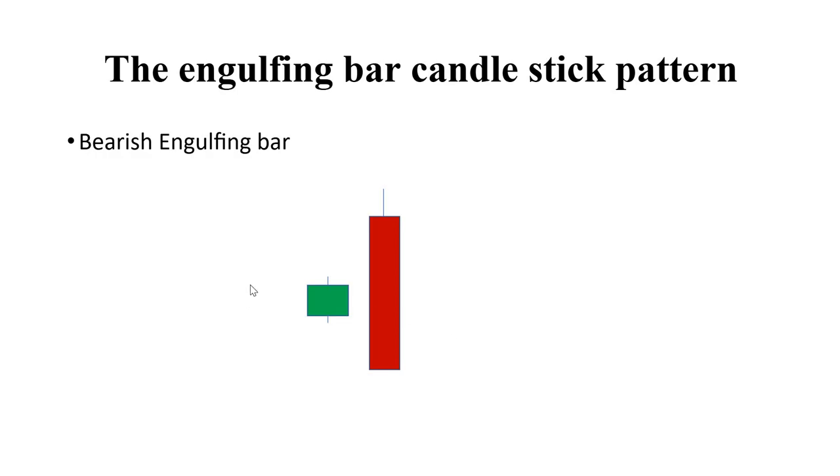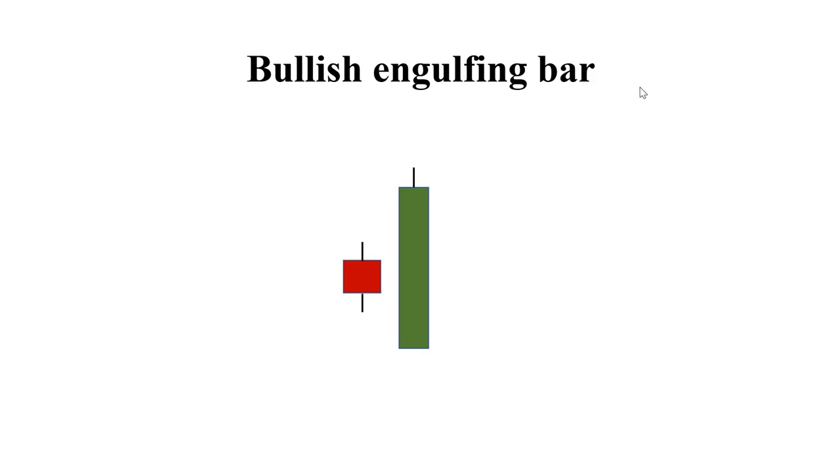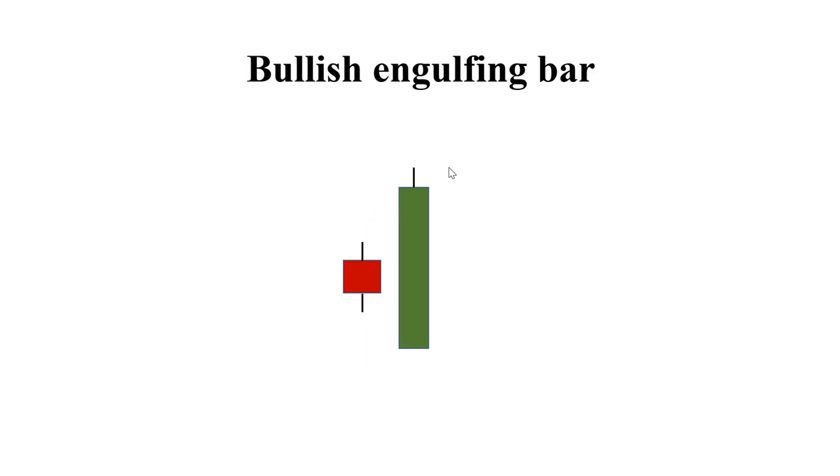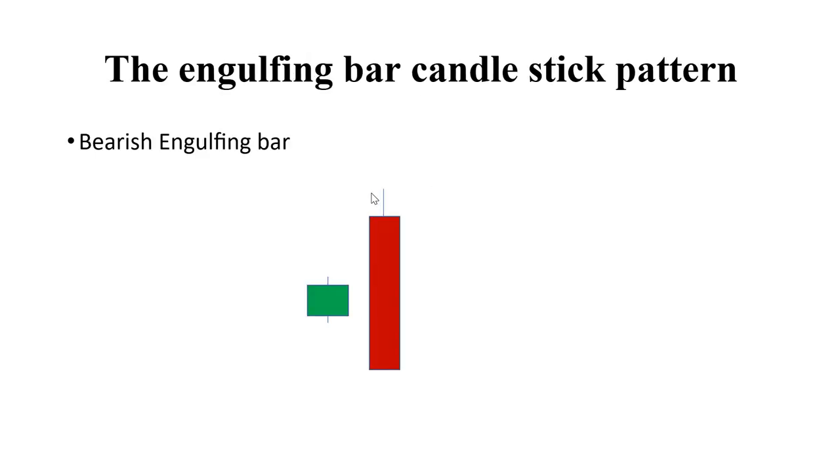All right, so with the engulfing bar candlestick pattern, there are two types. We have the bearish engulfing bar and the bullish engulfing bar. So we are going to look at the formation behind these candlesticks.